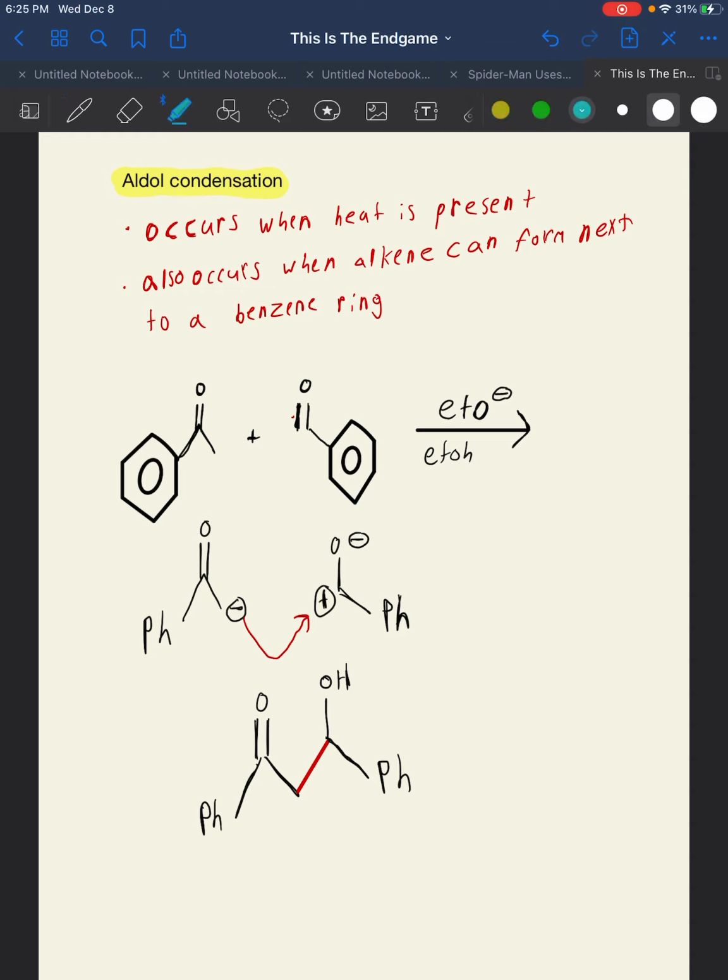Now then, as I was just mentioning, if the OH is next to an adjacent Ph or benzene ring, you can actually form the aldol condensation product, which is going to be favored.